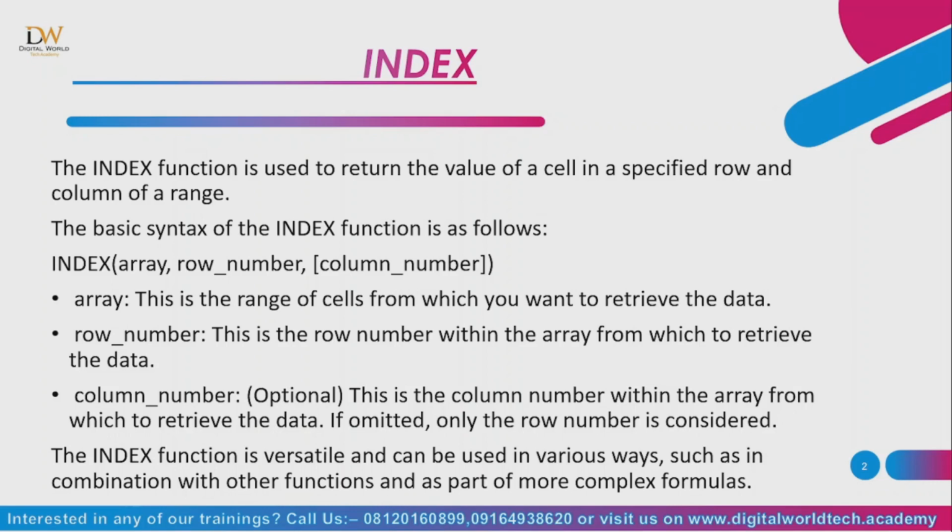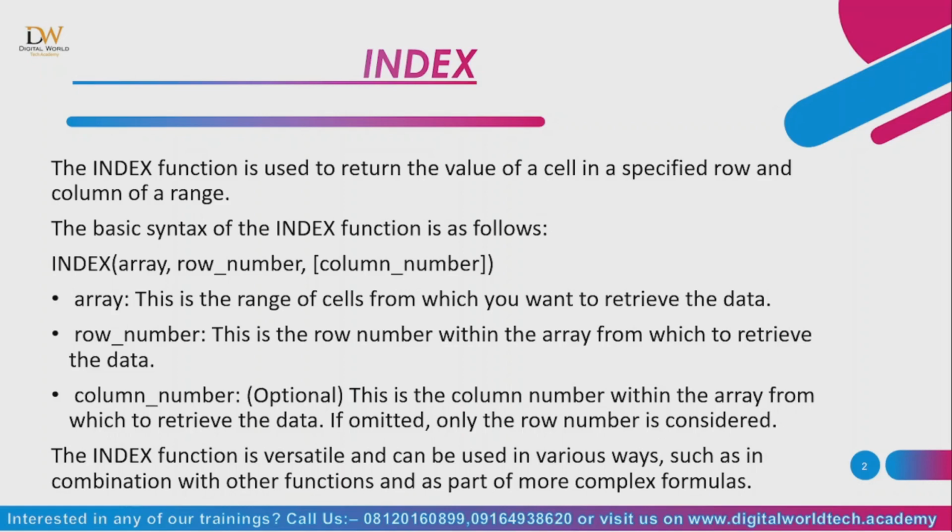Please, let's get this, it's very important. Index returns the content, that's the value of a cell, whereas match would return the position of what you're looking for. So index returns the content of a cell in a specific row and column within a range.